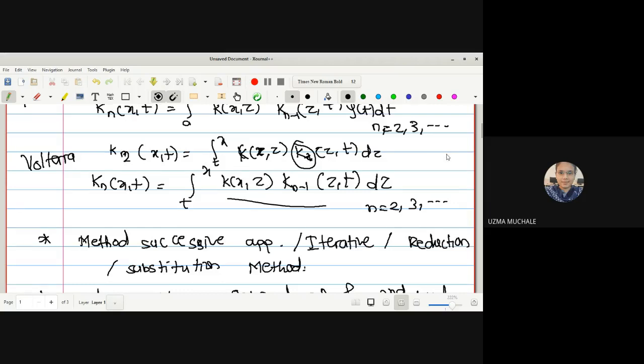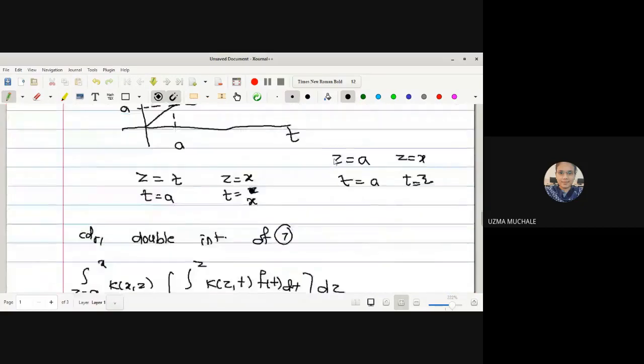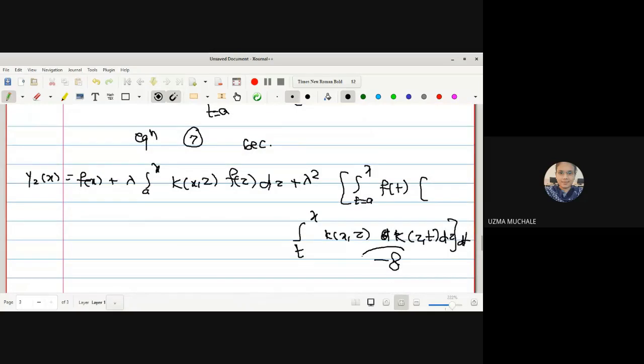Okay. Now you can use this equation, k of xz, k of zt is there. See, this k2 of xt we have written is integration t to x k of xz k of zt. This equation we can use here. Here also we have k of xz k of zt.